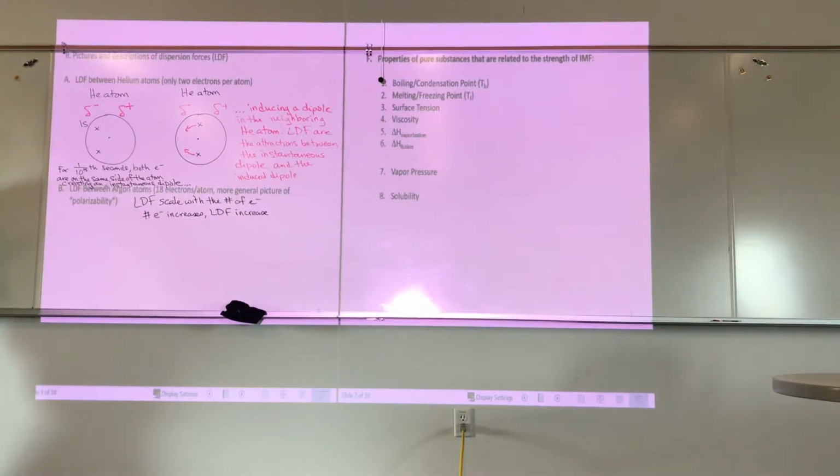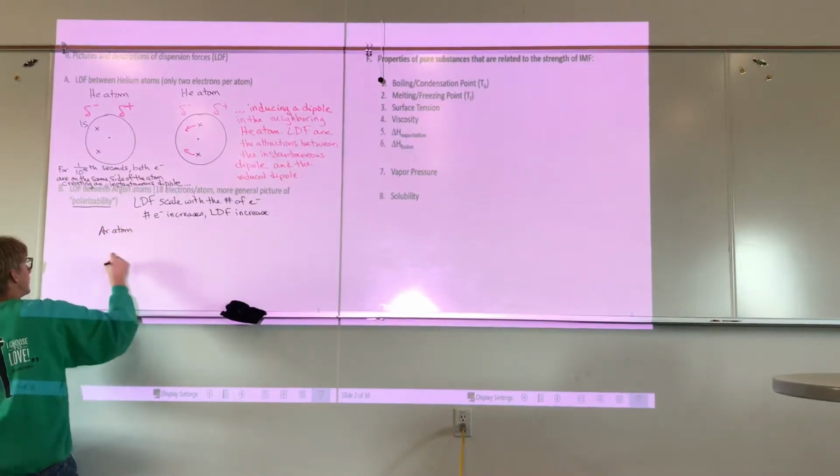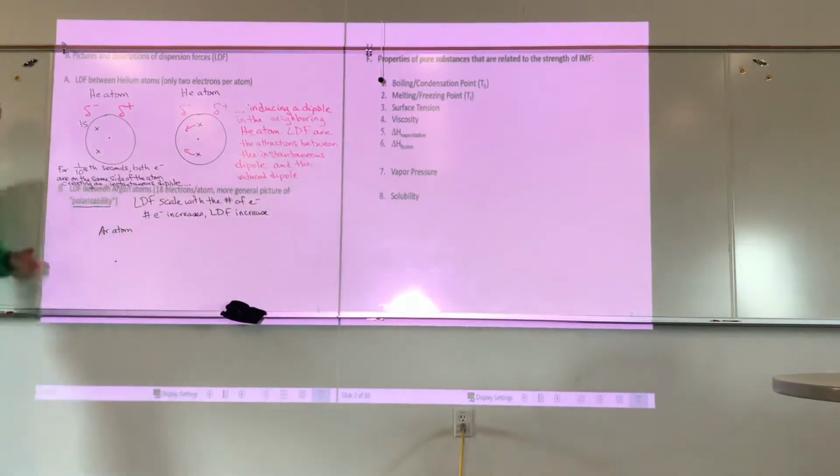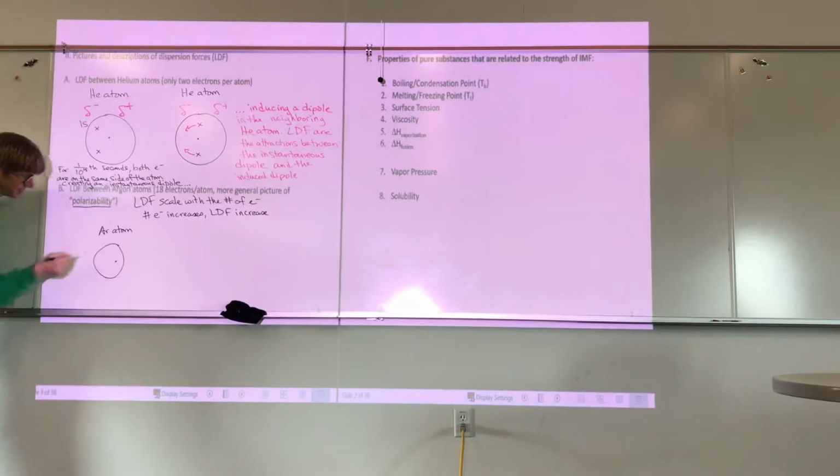And so another picture uses this concept of polarizability. Polarizability is going to be, instead of drawing this picture here for argon, we'll draw an actual deformed electron cloud. And now let's say it looks something like this.